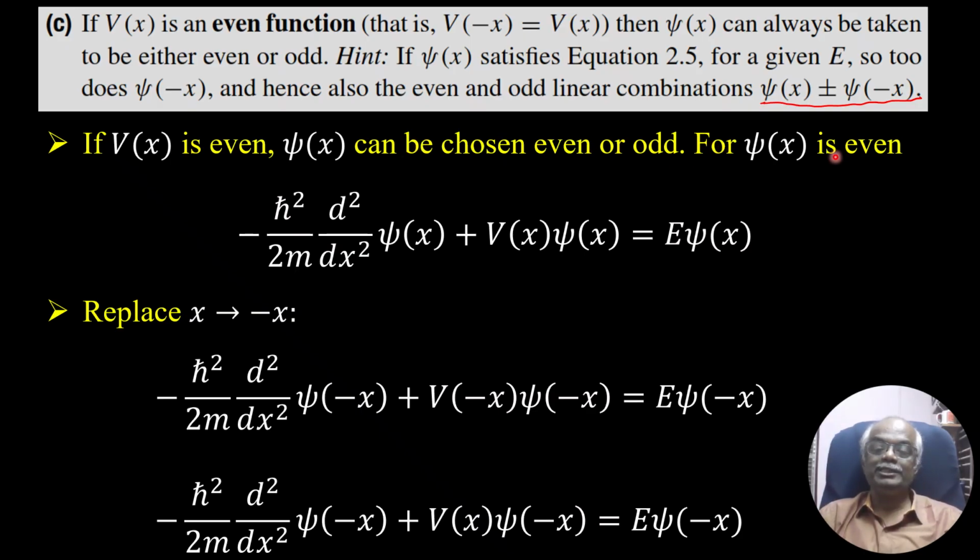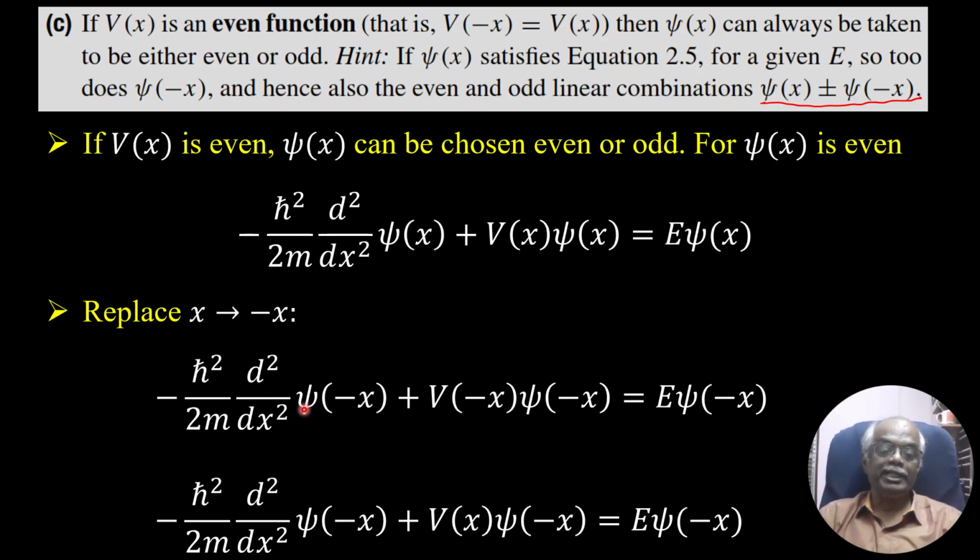For ψ(x), the Schrödinger equation is minus ħ² over 2m d²/dx² ψ(x) plus V(x) ψ(x) is equal to E ψ(x). Now you replace x by minus x.